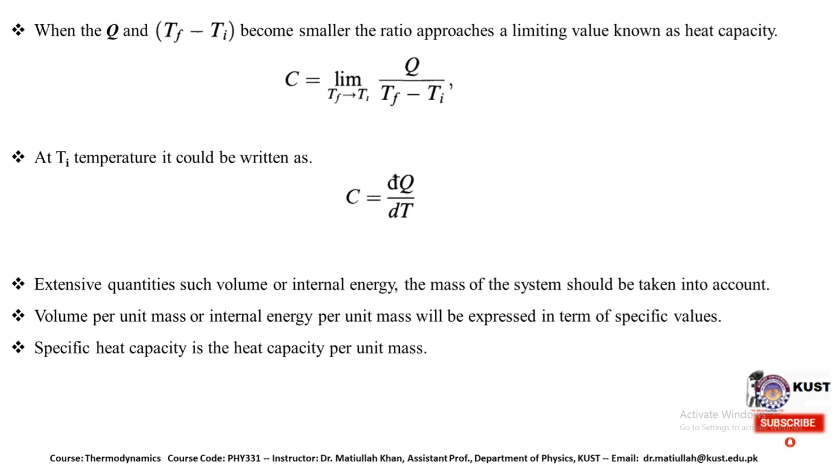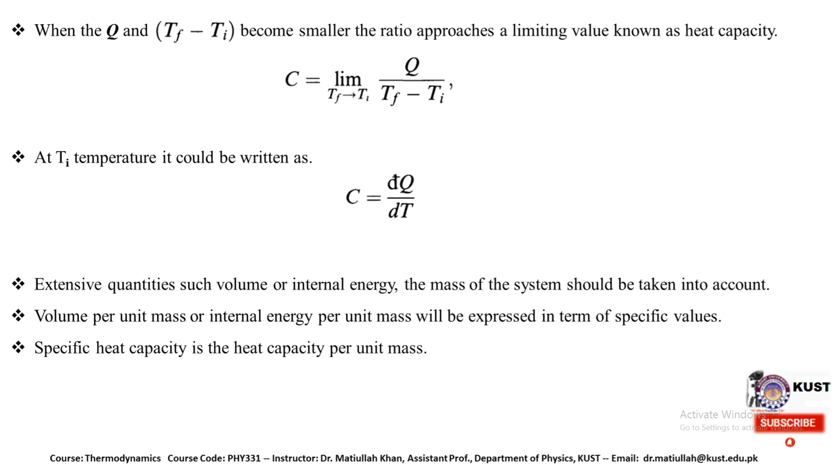If we consider the heat capacity per unit mass, then this is called the specific heat capacity. Specific heat capacity is heat capacity per unit mass.